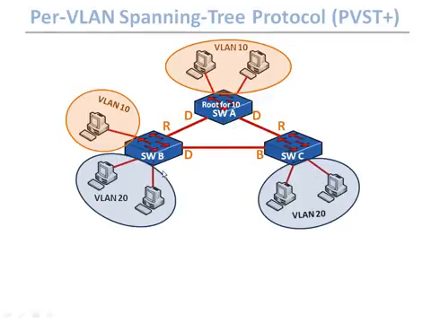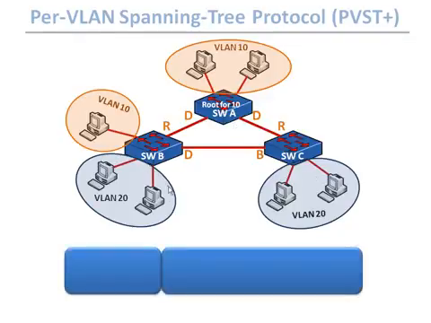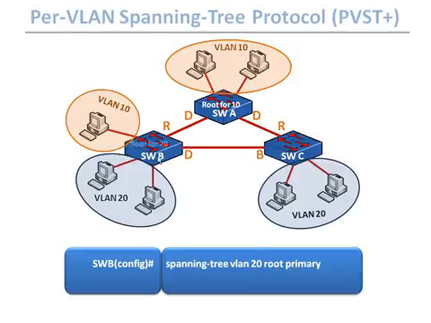The similar picture we can do for switch B. In global configuration mode, we can type spanning-tree vlan 20 root primary, which will ensure that switch B is the primary root bridge for VLAN 20, and will make the spanning tree instance look something like this.